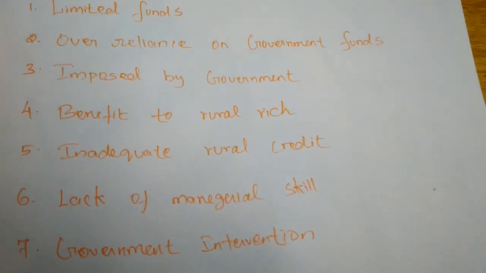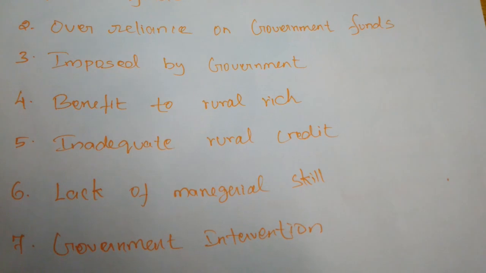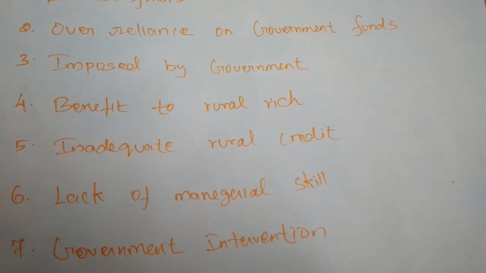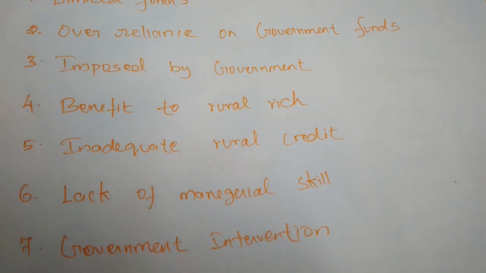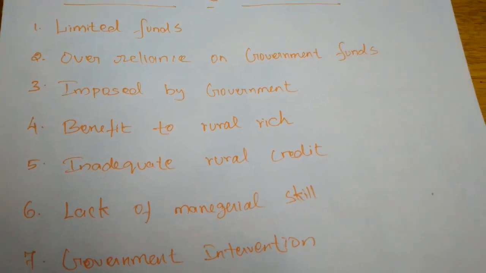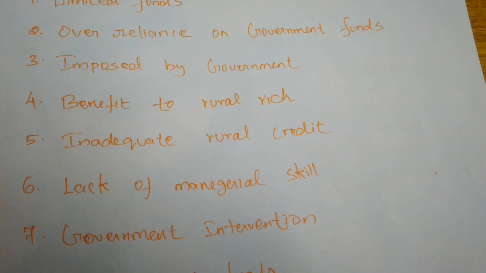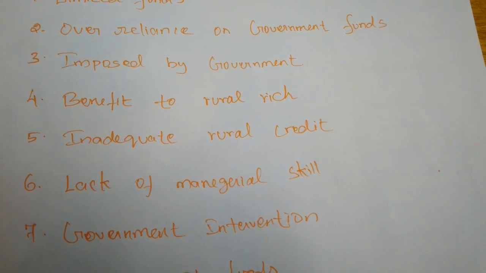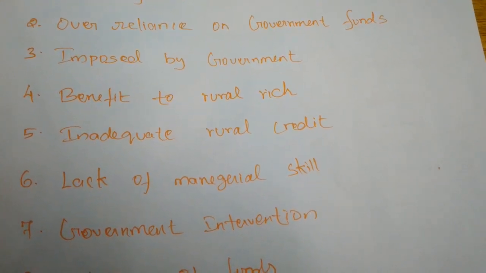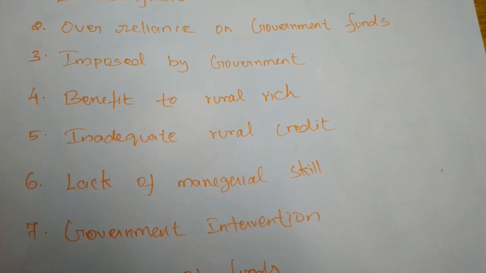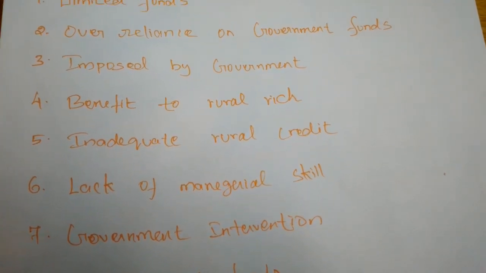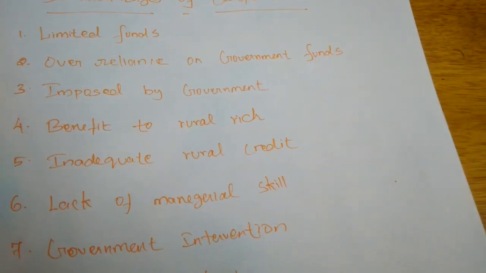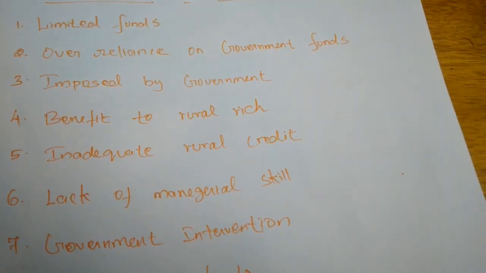Next, benefit to rural rich. The cooperative has benefited the rural rich and not the rural poor. If you consider any organization, it will create two sections of people, the rich people and the poor people. But many of the cooperative organizations are established in the poor rural side only.